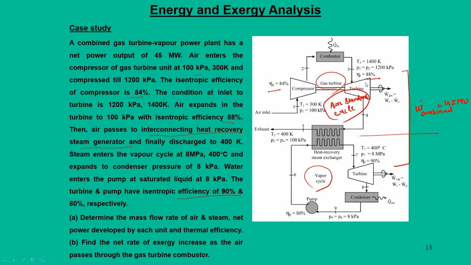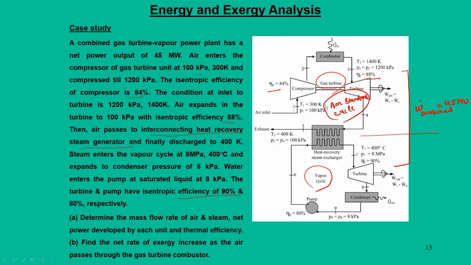So, with this analysis we can find out the enthalpies at each cardinal point. Those parts I am skipping, but what we essentially require are the thermodynamic data points at each location, like 1, 2, 3, 4 for the gas turbine unit and for the steam power unit.